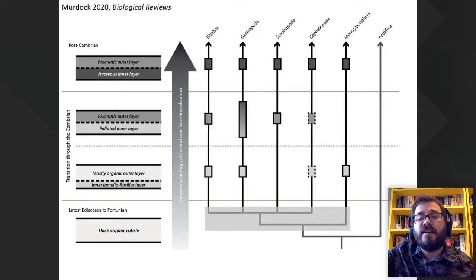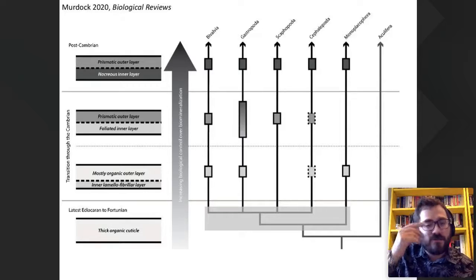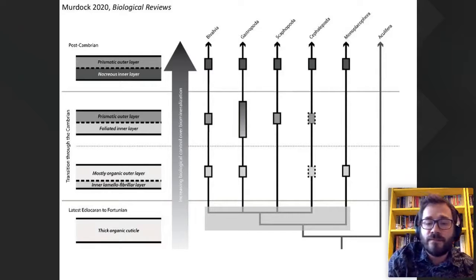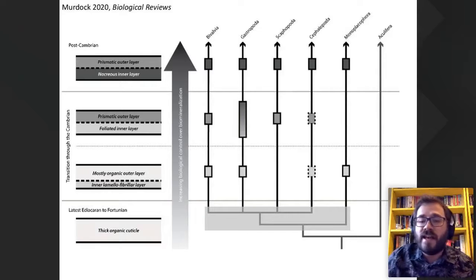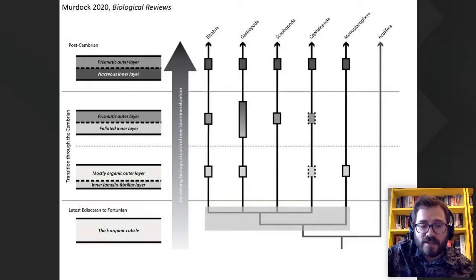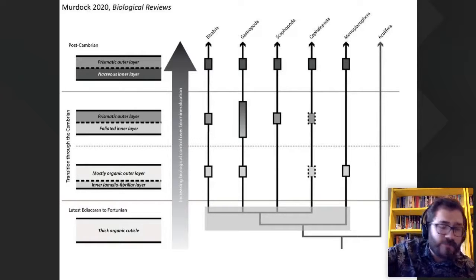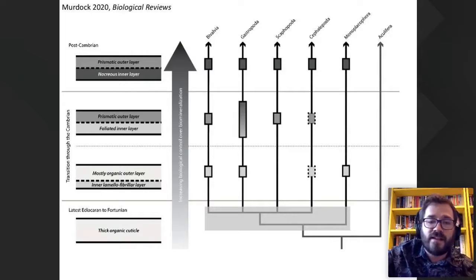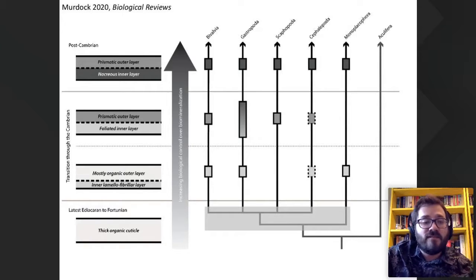So they have their common ancestor back down in the latest part of the Ediacaran, or the very earliest Cambrian. And it's very likely that this organism didn't possess a biomineralized skeleton, or perhaps possessed a very simple biomineralized skeleton. But early in the Cambrian, we see examples of all of these different groups building skeletons, and they're doing it in a very similar way.